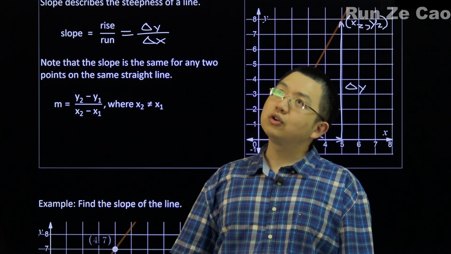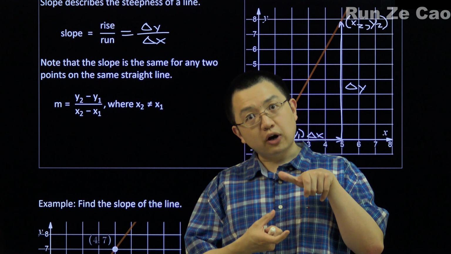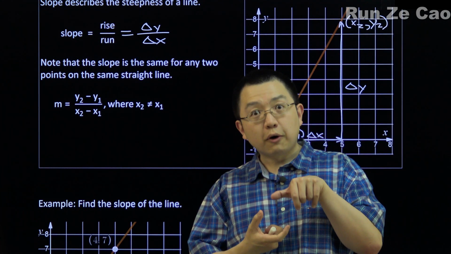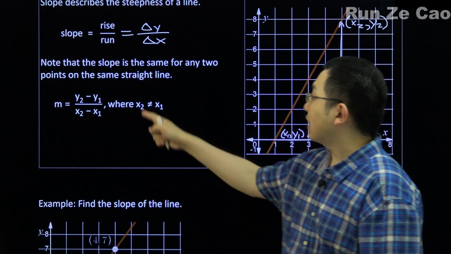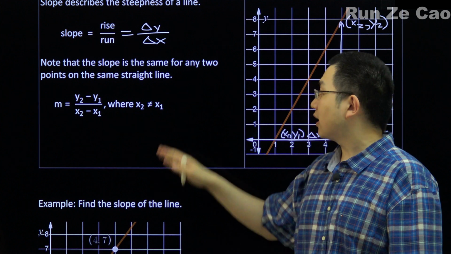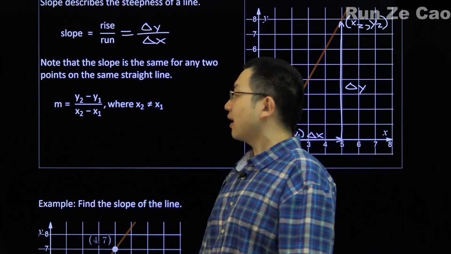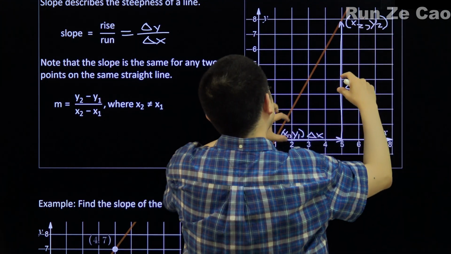And what happens if you change the sign of both numerator and denominator? Well, the negatives cancel out, so it's fine. But you must make sure that your order is consistent. It must be y2 minus y1 over x2 minus x1, no matter which one you label x2, y2 or x1, y1.